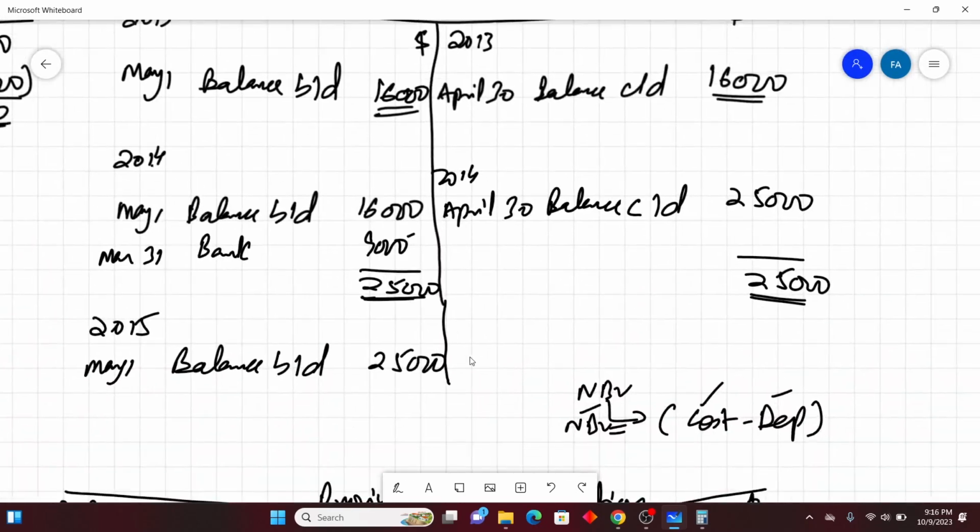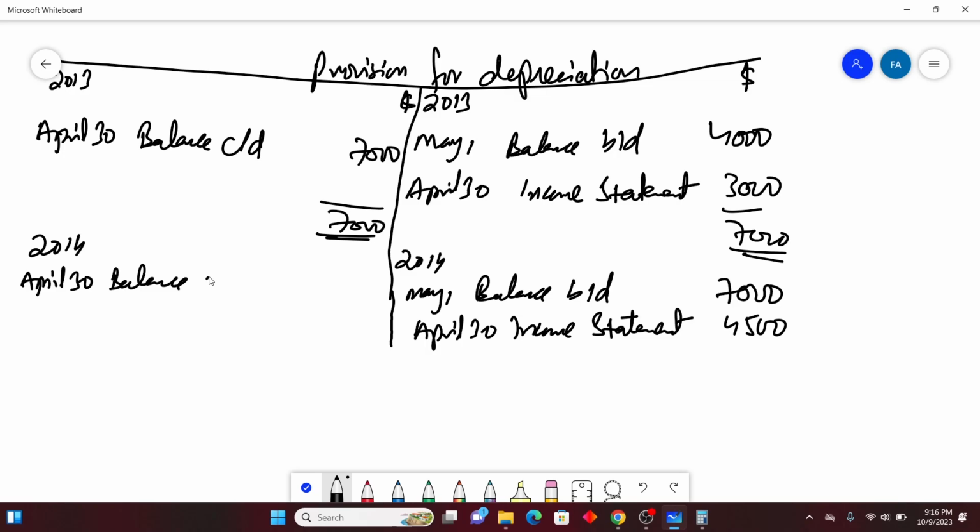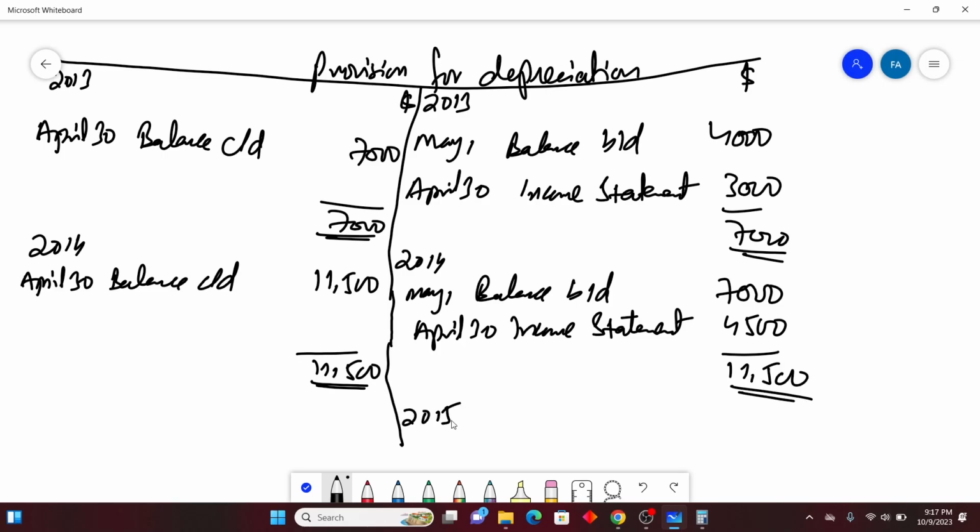So I'll just close the T account. April 30th, balance CD, which is 11,500. On 2015 May 1st, the balance CD will become balance BD, and there is 1 mark for balance BD. So always write it down.